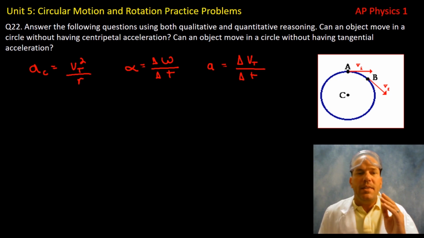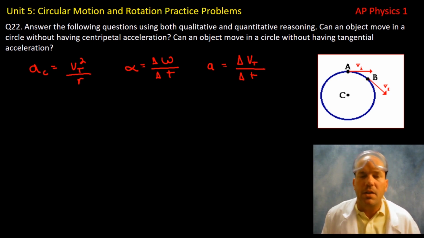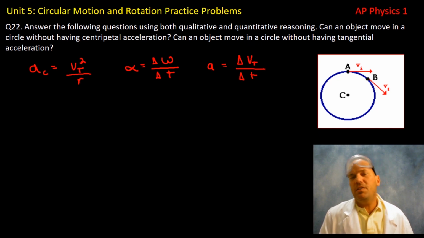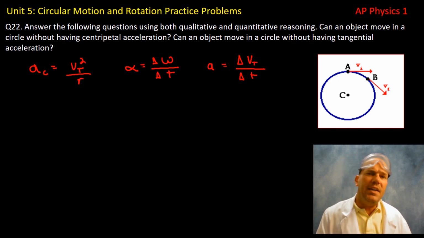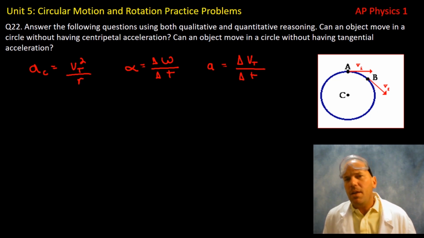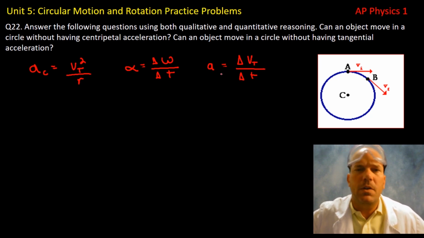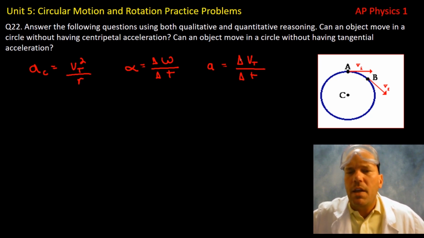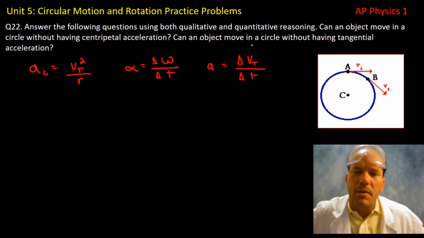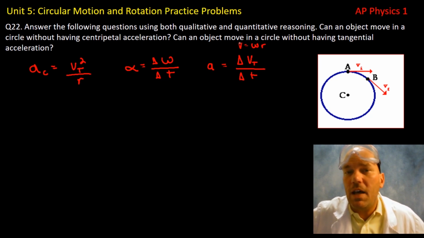Next, we have the angular acceleration. Angular acceleration is equal to a change in angular velocity over change in time. Then we have our tangential acceleration for an object moving in a circle, and that is the change in the tangential velocity over a change in time. You may recall that omega multiplied by r is equal to the translational quantity of velocity.